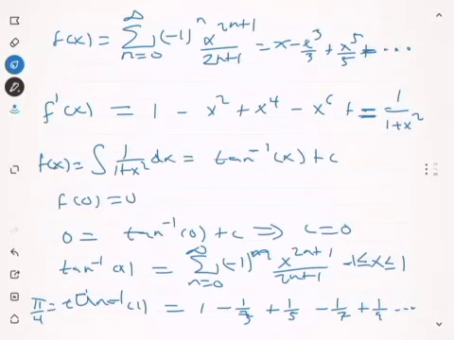We got something interesting here. We found out that pi is equal to 4 times this infinite series: 1 minus 1/3 plus 1 over 5 minus 1 over 7 plus 1 over 9 minus blah blah blah. Cool. Pi is just an infinite series.